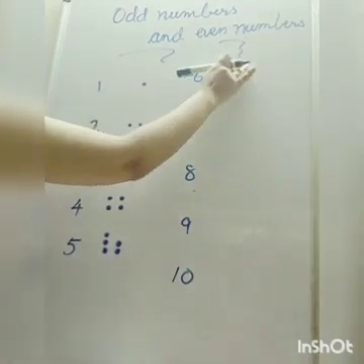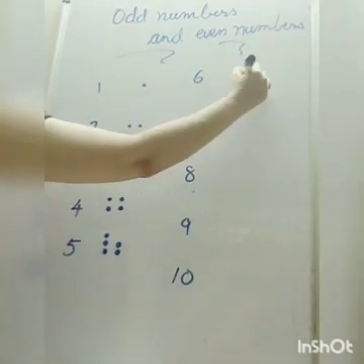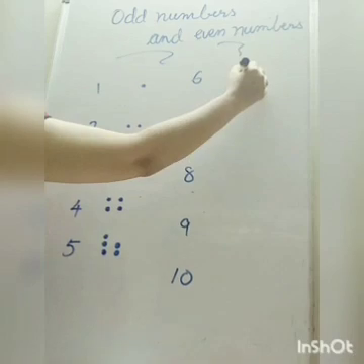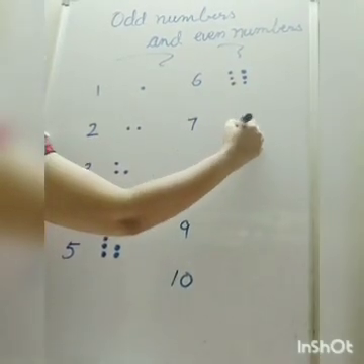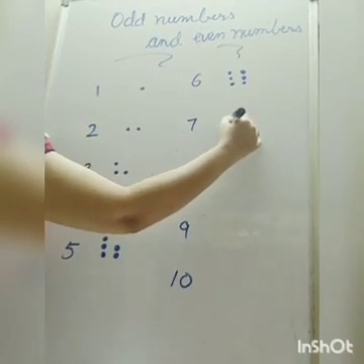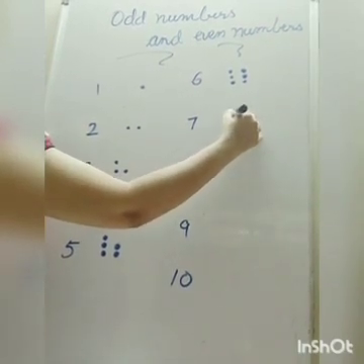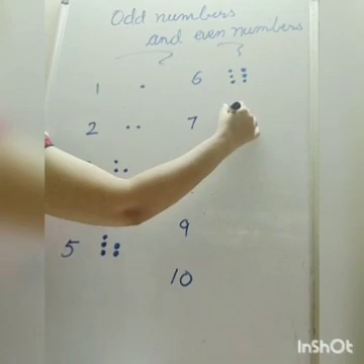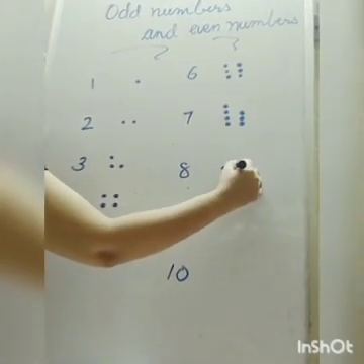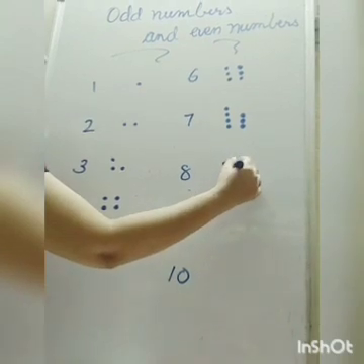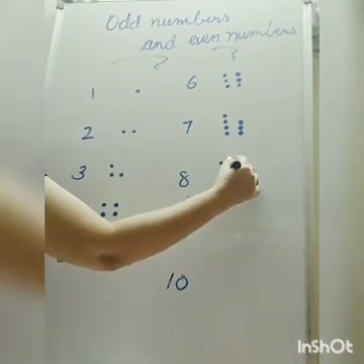For 6, 1, 2, 3, 4, 5, 6. For 7, 1, 2, 3, 4, 5, 6, 7. For 8, 1, 2, 3, 4, 5, 6, 7, 8.